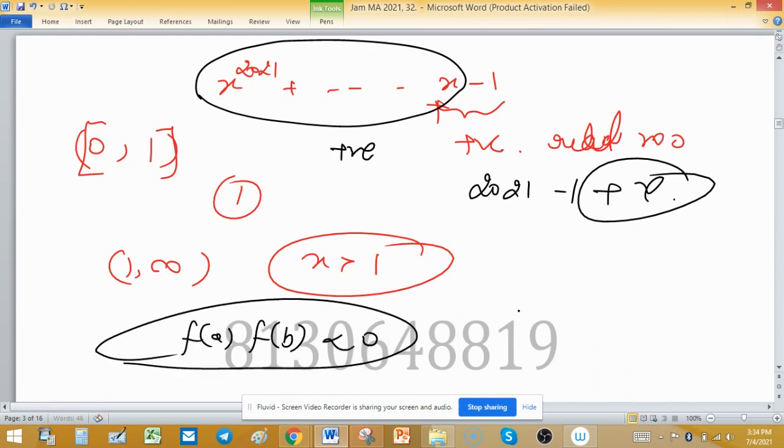So there is no real root in the interval 1 to infinity, meaning there is no existence of a root.